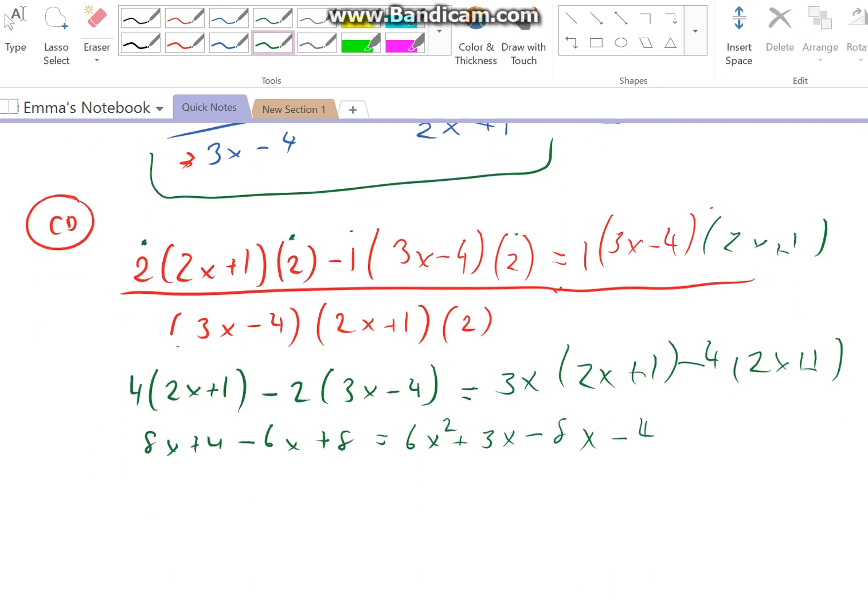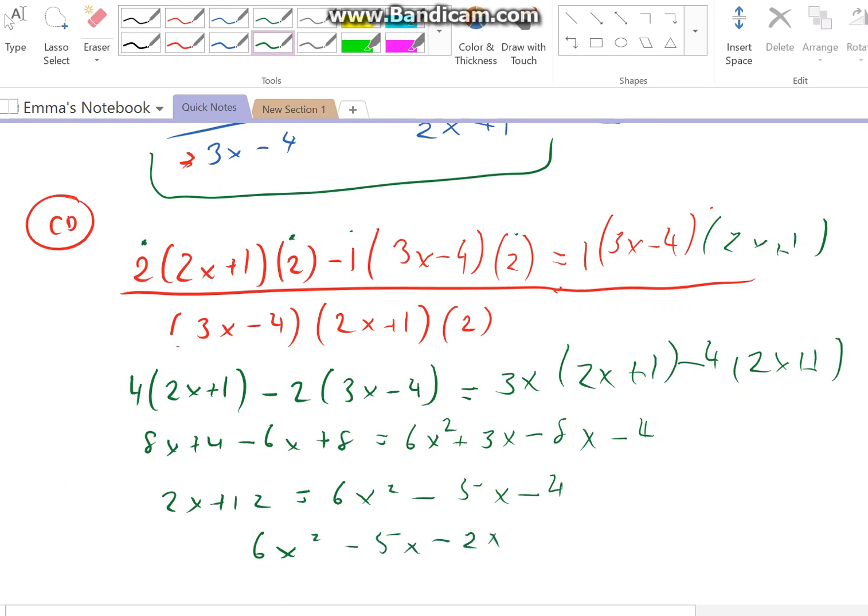Okay, as you can see, you're going to get some sort of quadratic, so we'll tidy it up a bit. So 2x plus 12 equals 6x squared minus 5x minus 4. Bring them all to one side. 6x squared minus 5x. The 2x becomes minus 2x minus 4. The 12 becomes minus 12. Let it all equal 0. 6x squared minus 7x minus 16 equals 0.